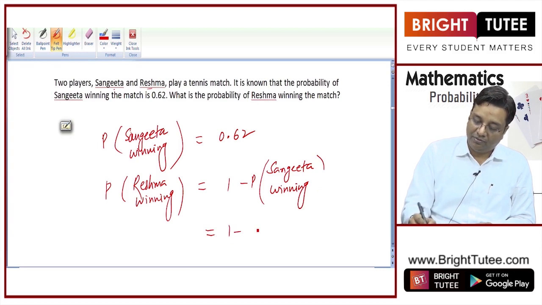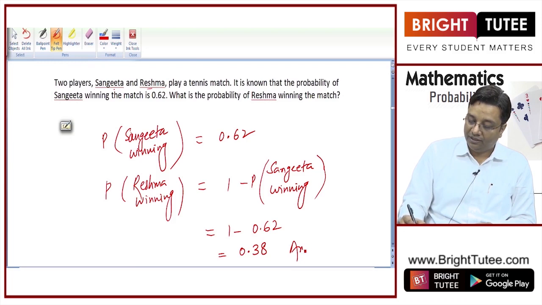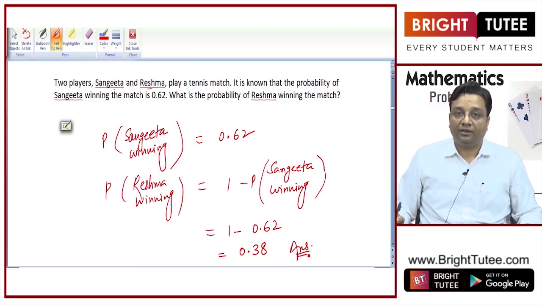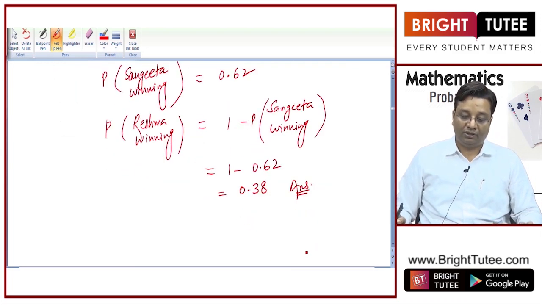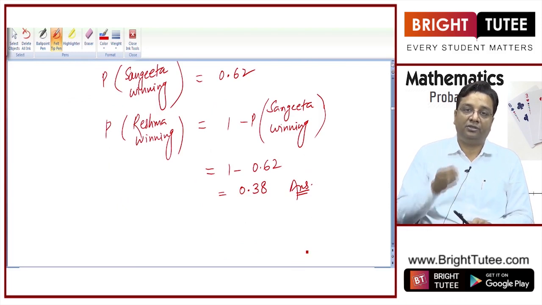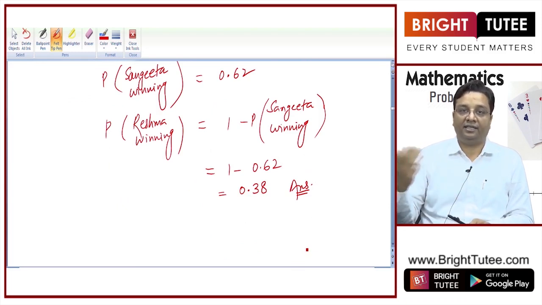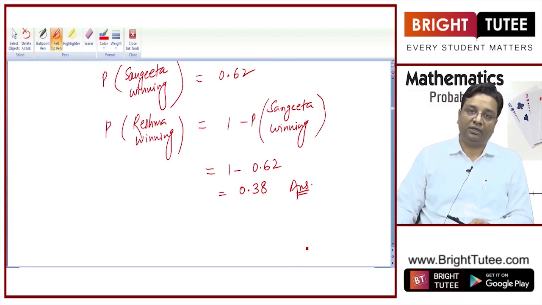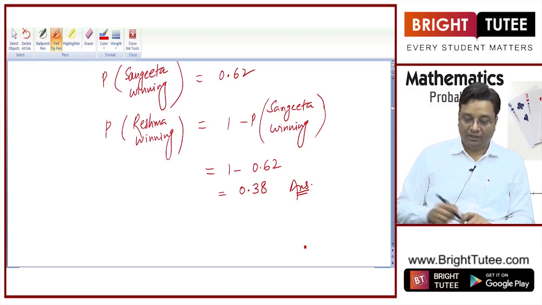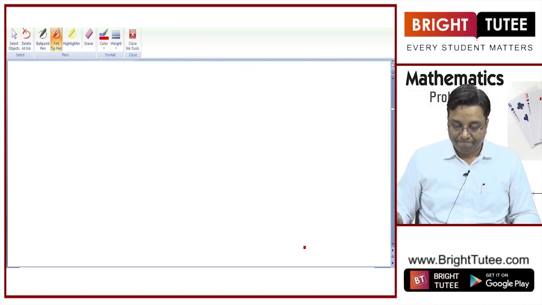So, it is equal to 1 minus 0.62, which is equal to 0.38. So, this is your answer. Or another way to think about it was, if you add the probabilities of Sangeeta winning and Reshma winning, it should be equal to 1, right? Because it is certain that one of them will win. Okay.